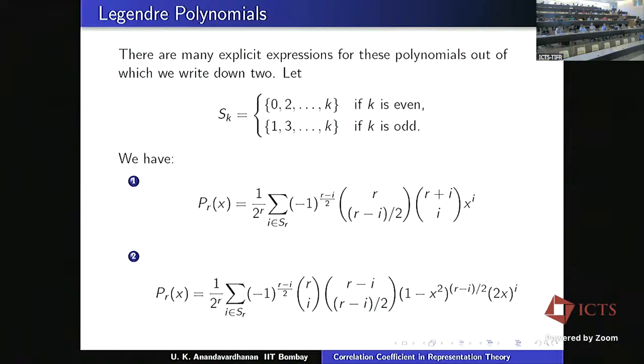So everything vanishes unless r equal to I, because this is 0, right? So PR of 1 is when I is r, and therefore you plug in I equal to r there. And when you plug in I equal to r there, it is 2 power r. It's 1. So one can do these things.